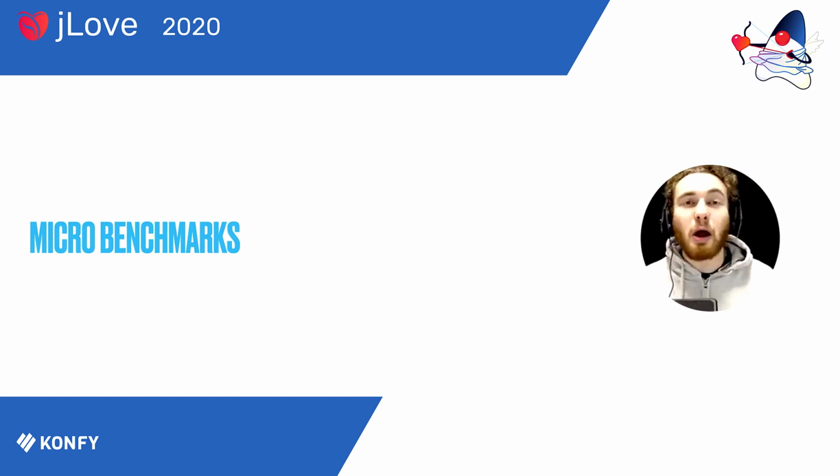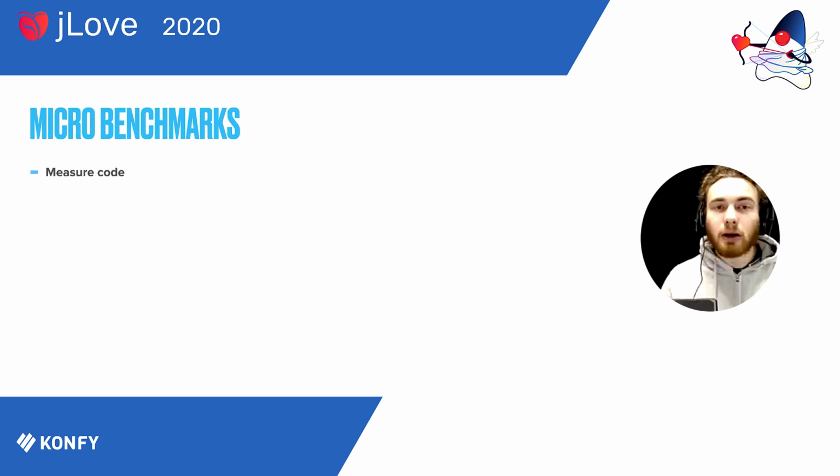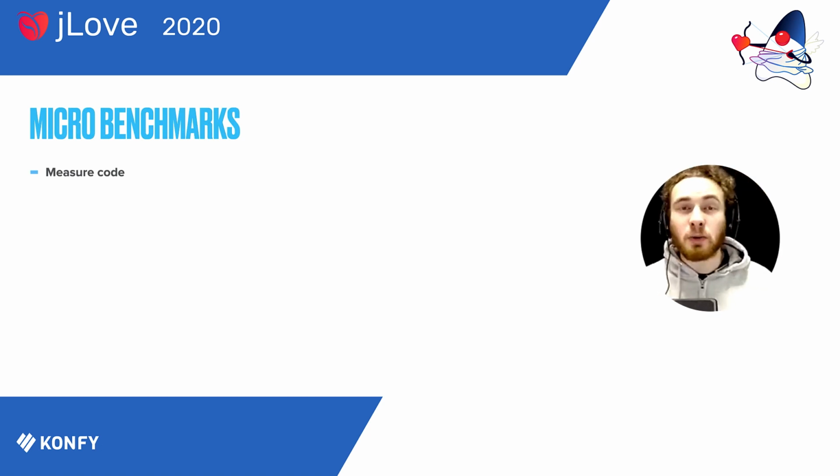Probably most of you have heard about micro benchmarks, and in Java, most of you have probably used Java micro benchmarks. Micro benchmarks are useful because they measure code and show how your code behaves and impacts the behavior of a small unit or component of your application.